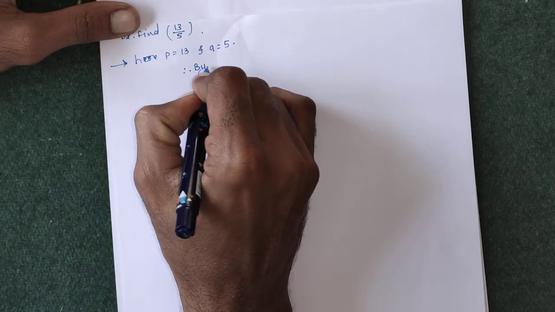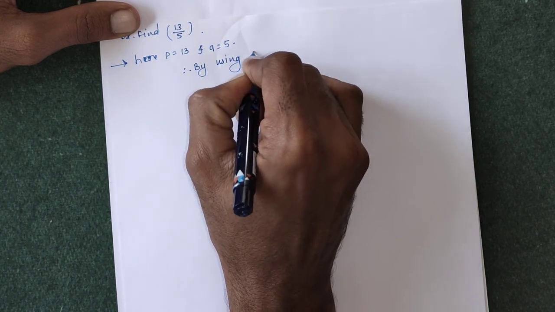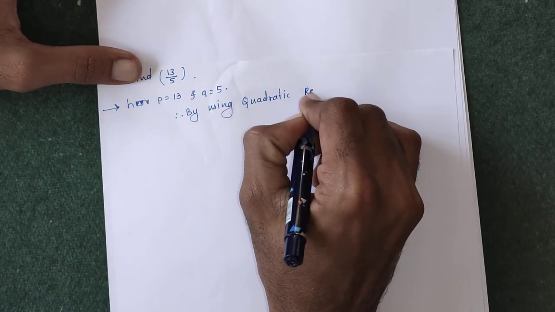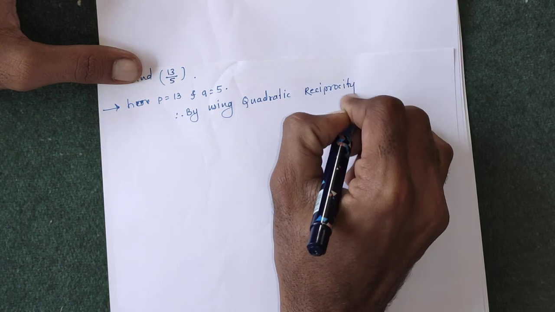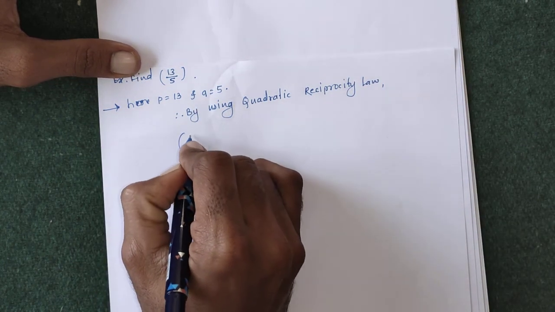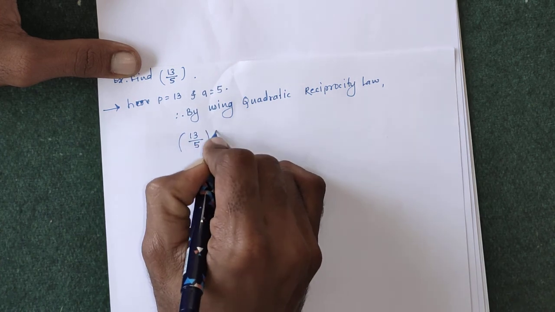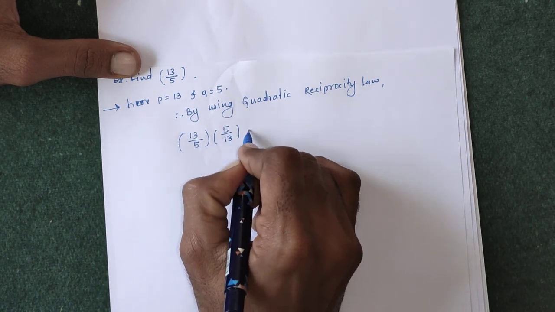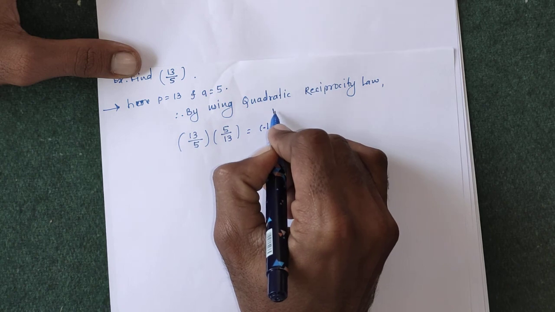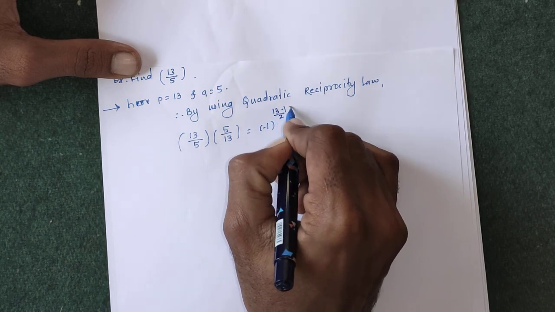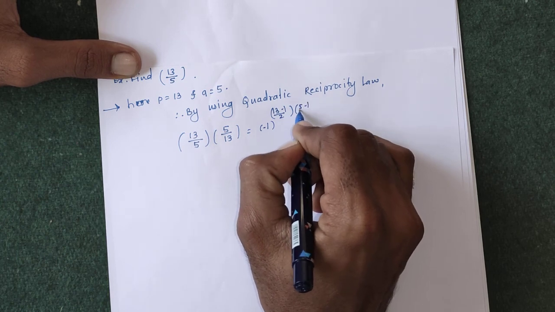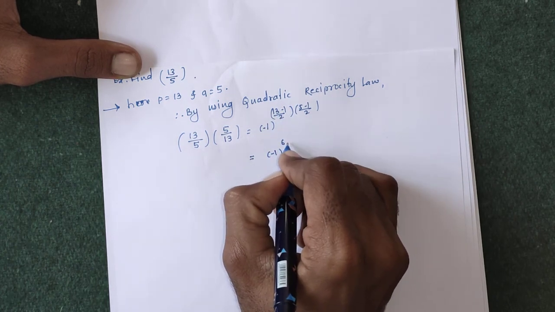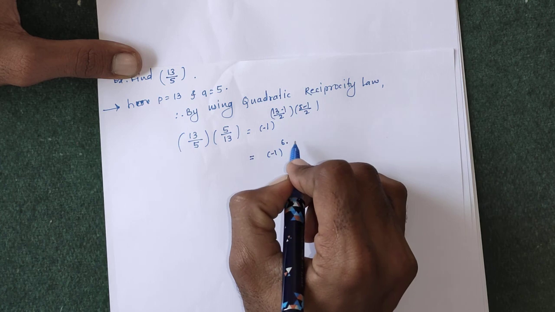Therefore, by using quadratic reciprocity law, we can write the Legendre symbol of 13 and 5 into Legendre symbol of 5 and 13 is equal to minus 1 raised to p minus 1 by 2, that is 13 minus 1 by 2, into q minus 1 by 2, that is 5 minus 1 by 2, which equals minus 1 raised to 12 by 2 is 6, into 4 by 2 is 2.